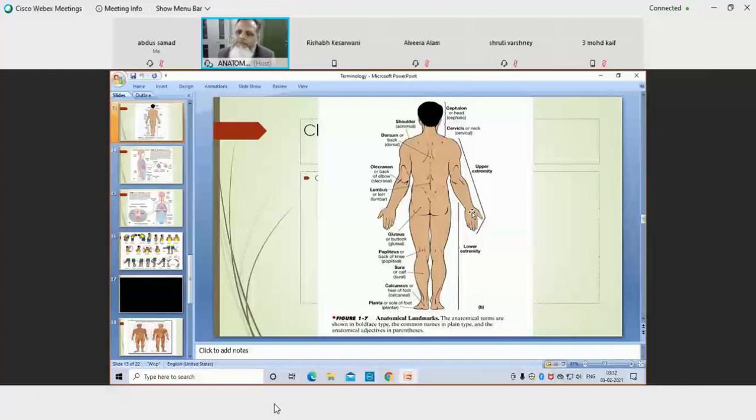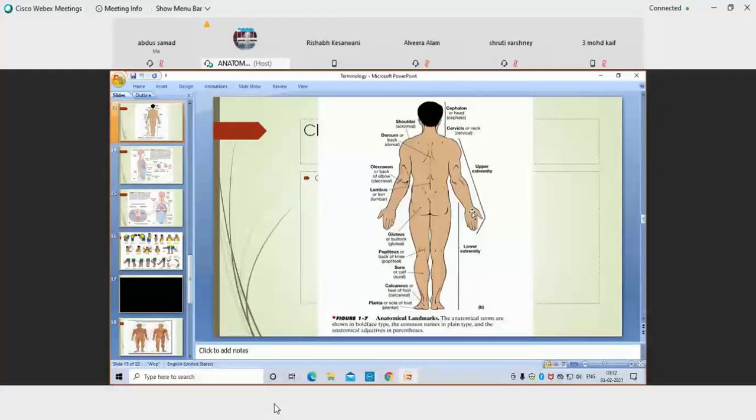Anterior and posterior, medial, lateral, superior and inferior, proximal, distal, and superficial and deep. Okay.